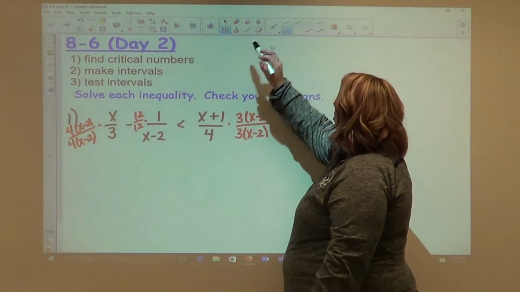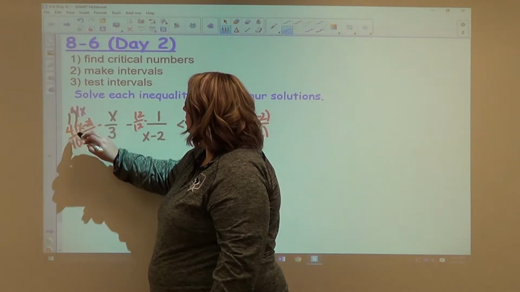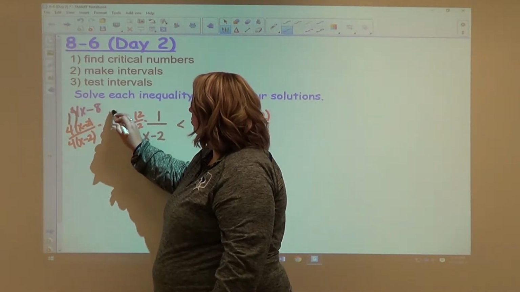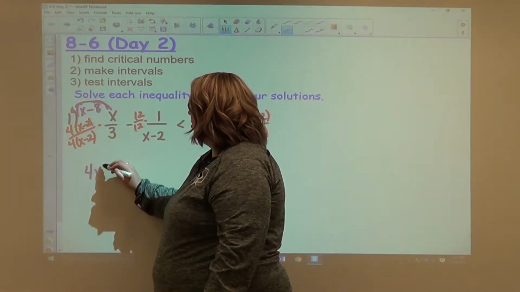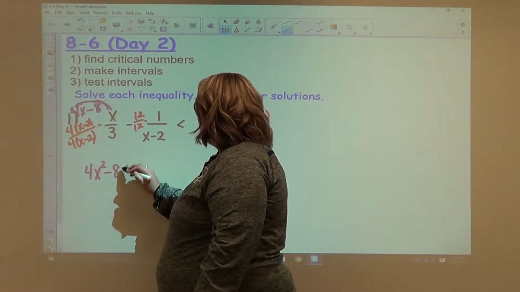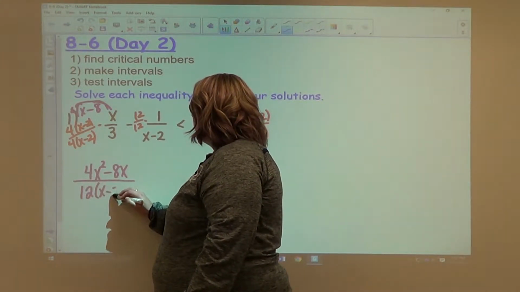Okay, if I'm going to multiply this, if I go ahead and distribute, this is really 4x minus 8. That's what I'm multiplying the x by. So this becomes 4x squared minus 8x over 12 x minus 2.